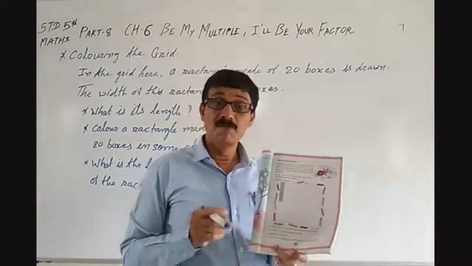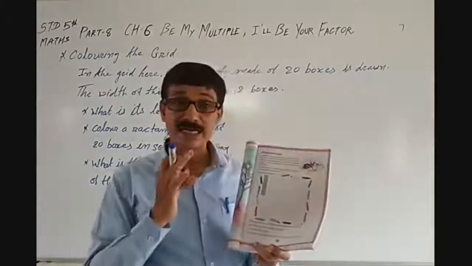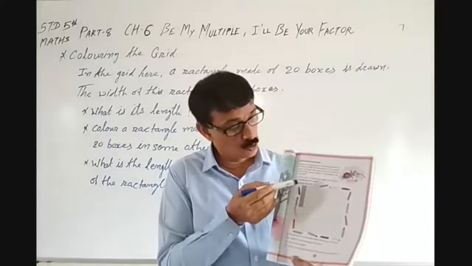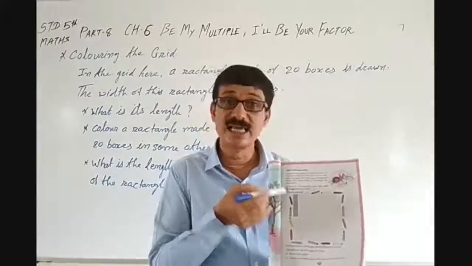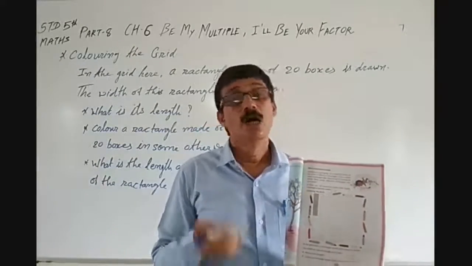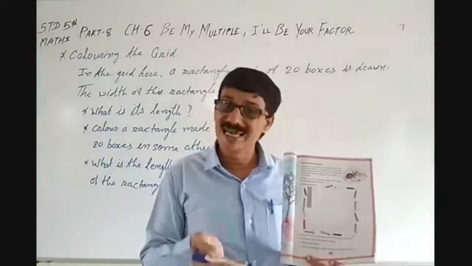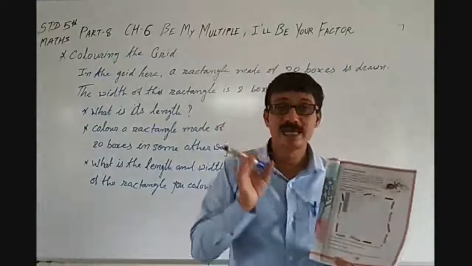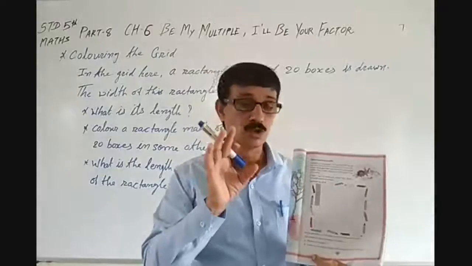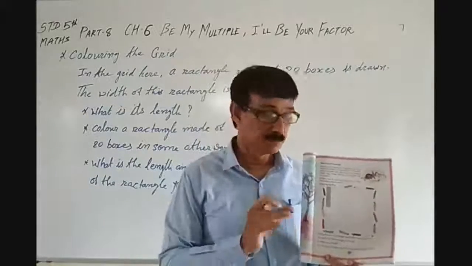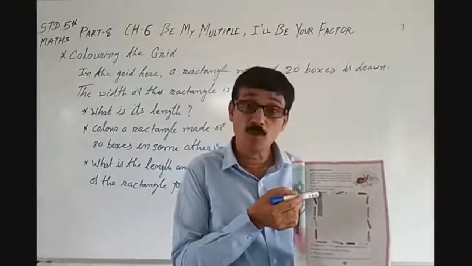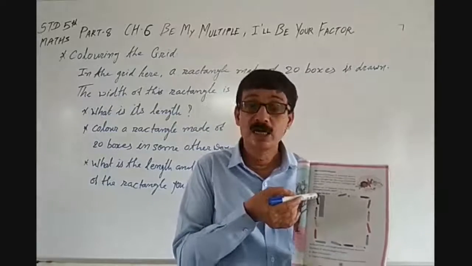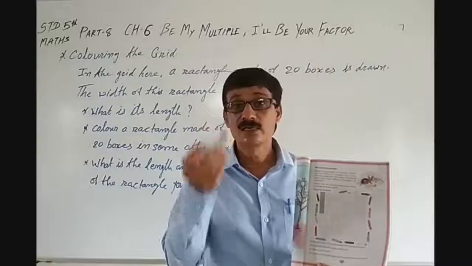Okay, now we want to go for a total of 20 boxes. So if 2 is the width, then the length will automatically be 10. 2 tens are 20. See, we want to make a rectangle of 20 boxes. So if it is 2 width or 2 columns are there, then naturally 2 tens are 20.